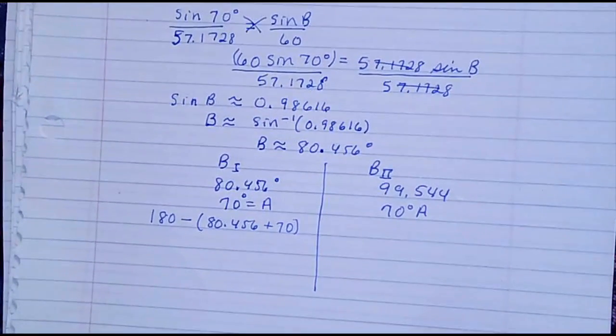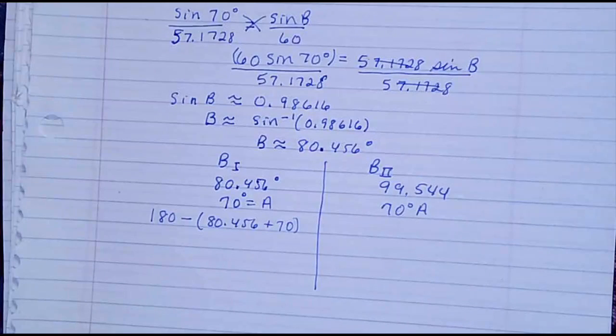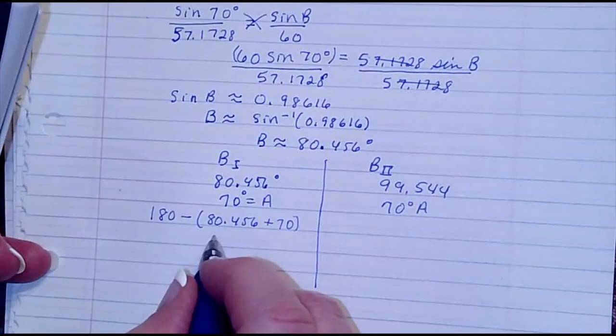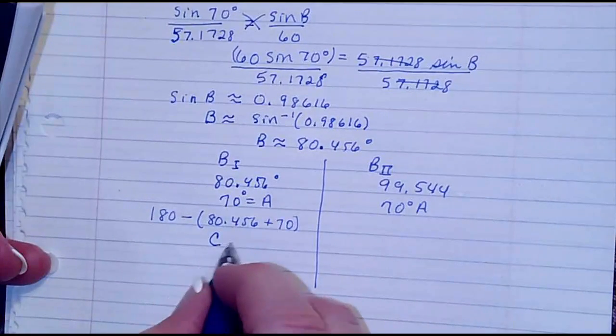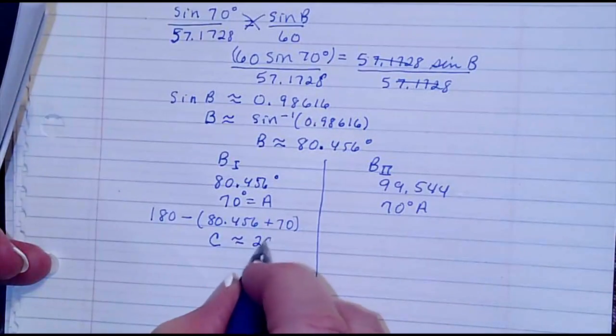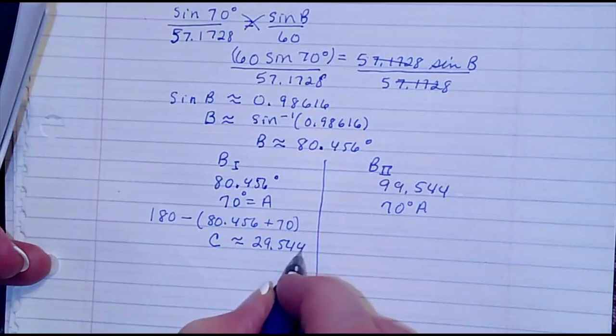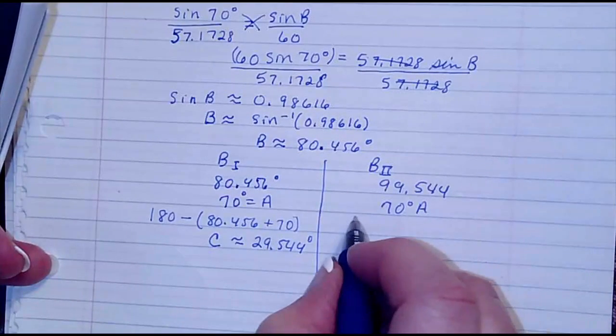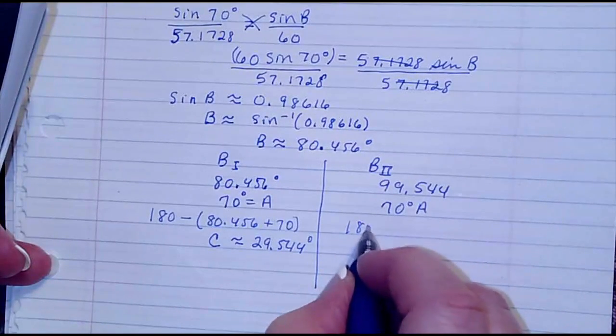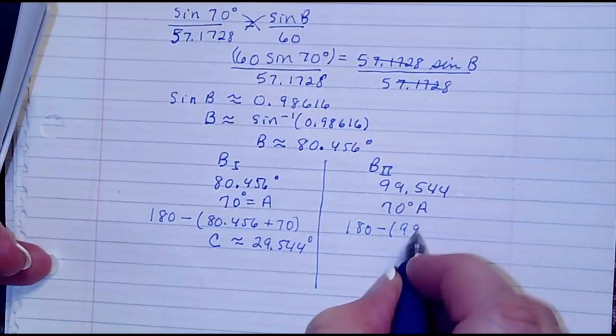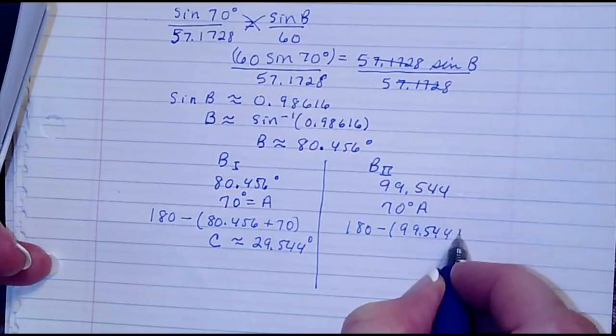Everybody get that? A minute to try. So that gives me that angle C is approximately 29.544 on this side. And we're going to do the same thing on this side: 180 minus 99.544 plus 70.